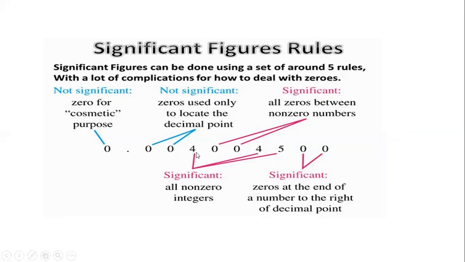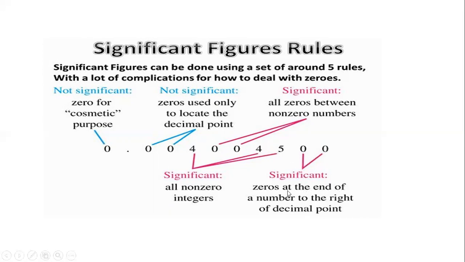Have a look at the 4. First rule: all non-zero digits are significant. So it means that 4 is a significant number. 004: these two zeros are between the non-zero digits 4 and 4, so we can count them. All zeros between the non-zero numbers are also significant. 4, 5 are also significant.